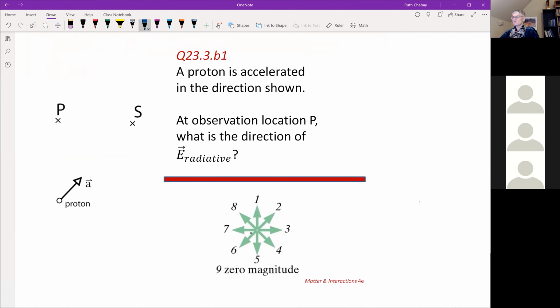What is going to be the direction of the electric field that you're going to observe? Remember that the equation we have is E radiative equals 1/4πε0 times minus Q A perpendicular over C² R.